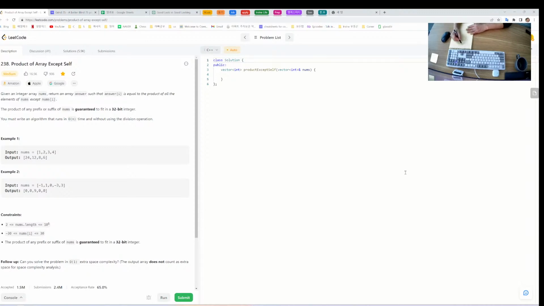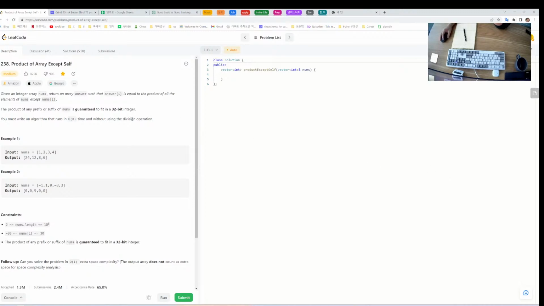So to find the answer for this index, we will see this index minus 1, and then we will see this index. So the answer is 12, right? So this is the answer of the easy level. It is not very difficult to solve.